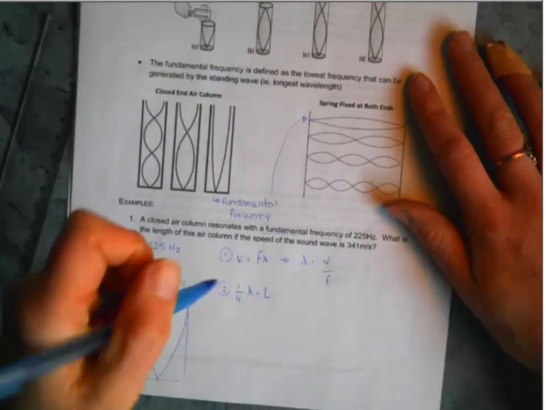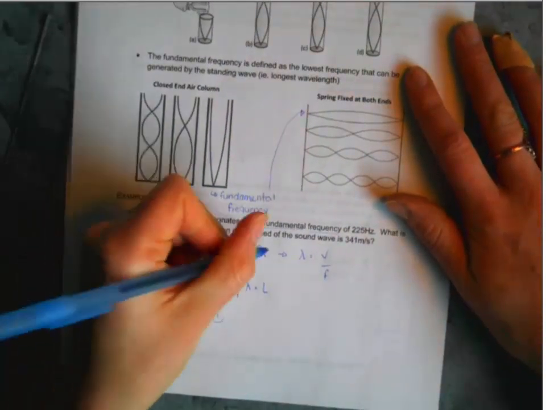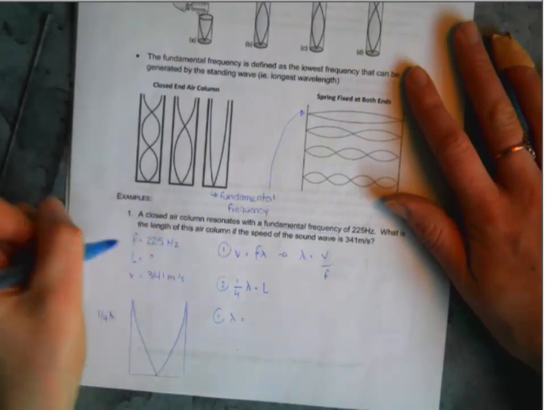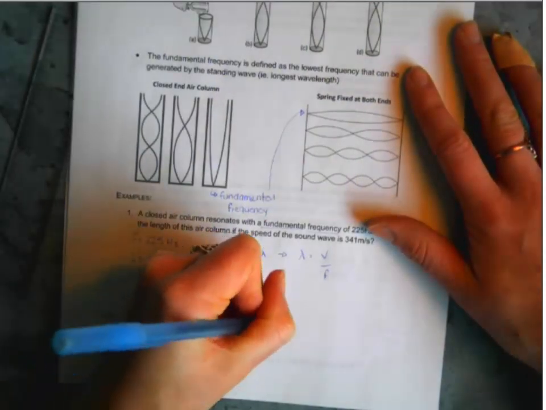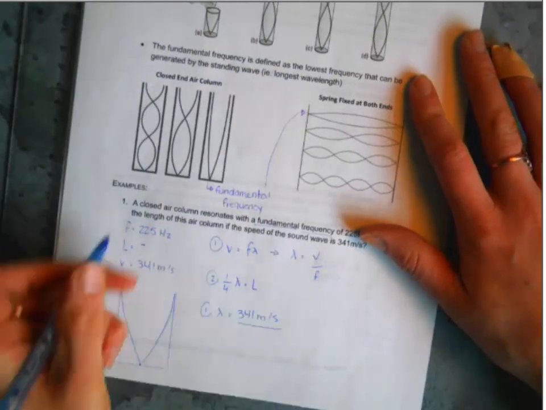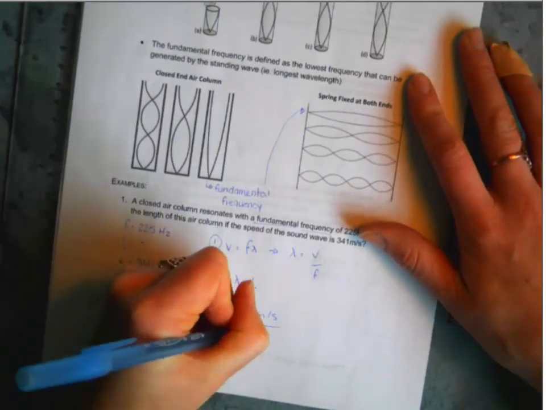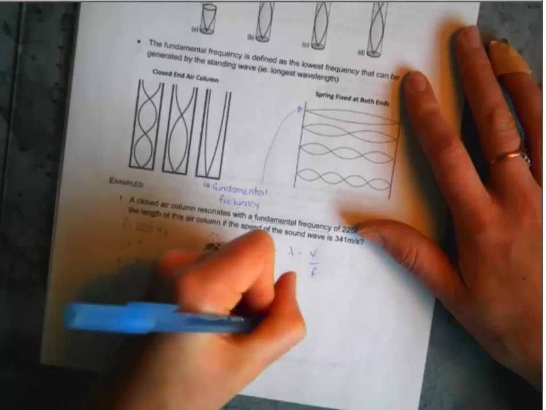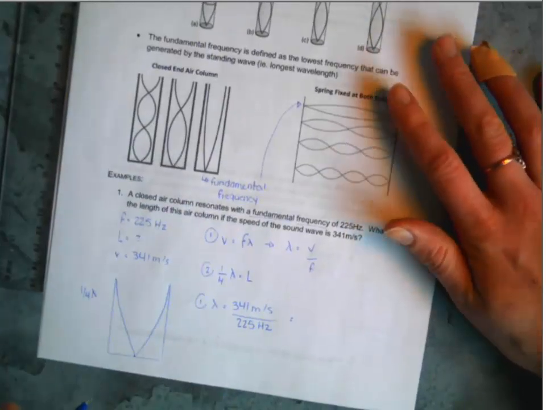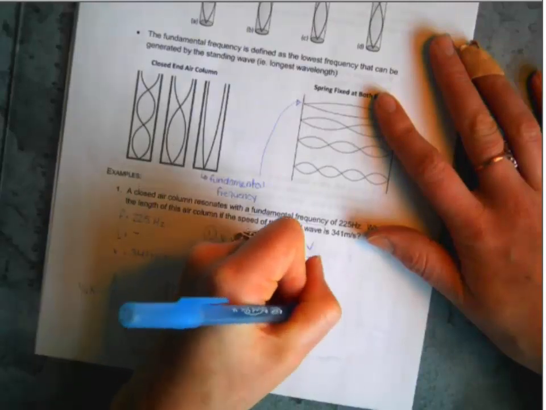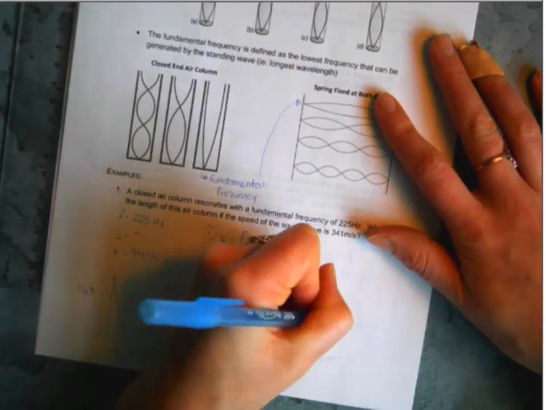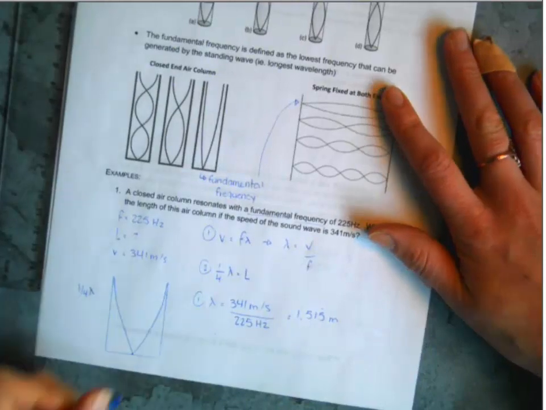Okay, so step number 1 is just going to be wavelength is equal to our velocity of 341 meters per second divided by our frequency of 225 hertz. Okay, and that gives us 1.515 repeating meters as our wavelength.